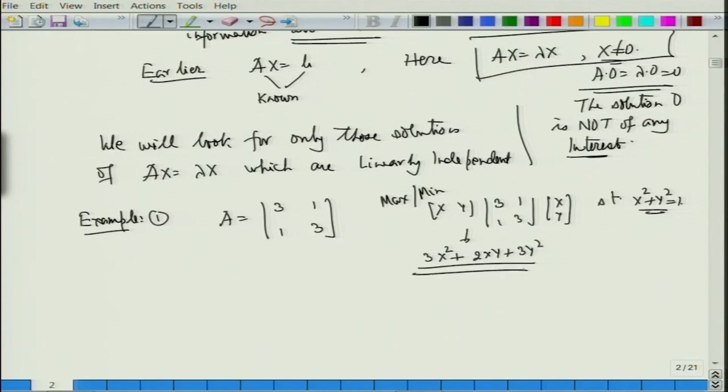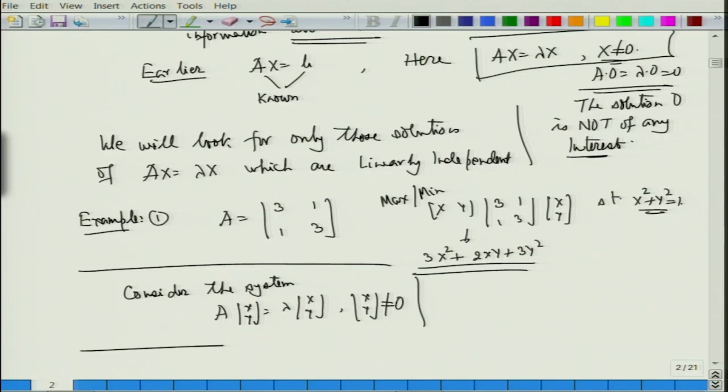I want to maximize or minimize this, fine. So, let us try to solve this. Consider this system A of (x y) is equal to lambda of (x y), (x y) not 0, all right, fine.